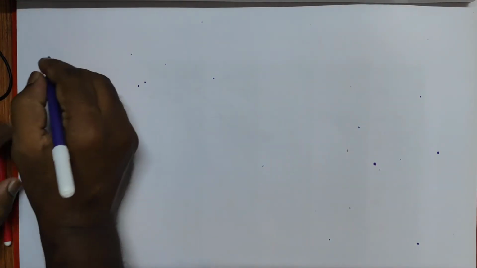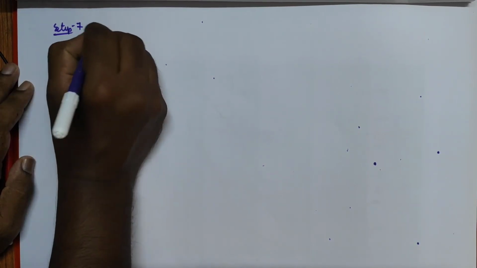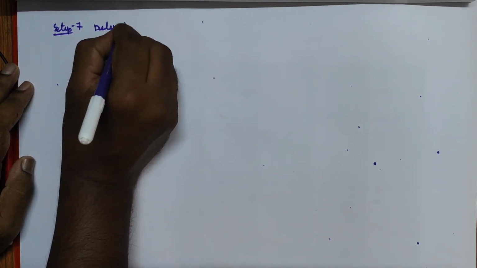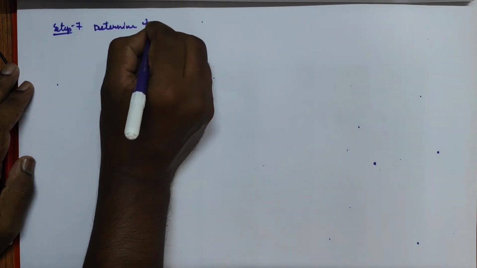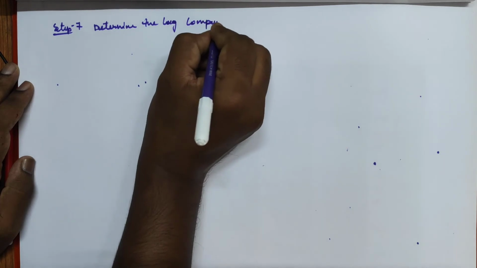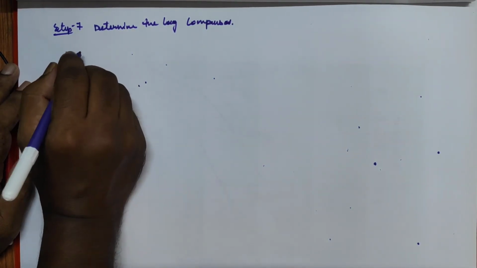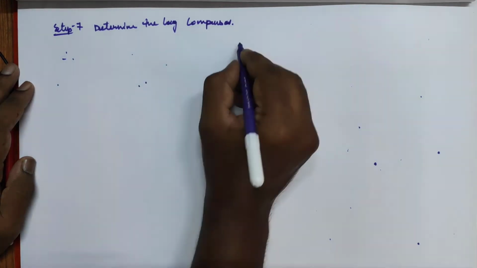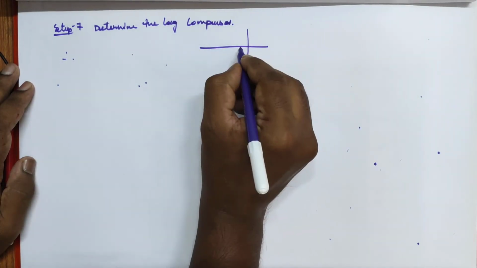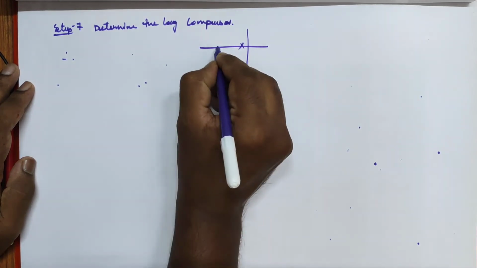So now step 7, determining the lag compensator. We have the lag compensator like this: pole near to the origin, this is the important thing here, and zero far away from there.